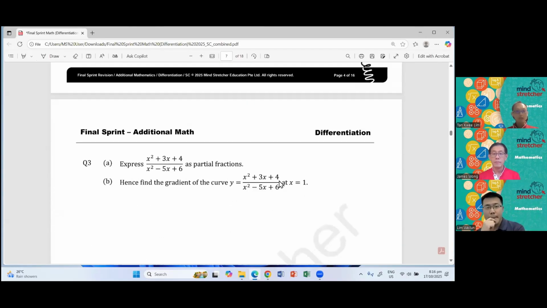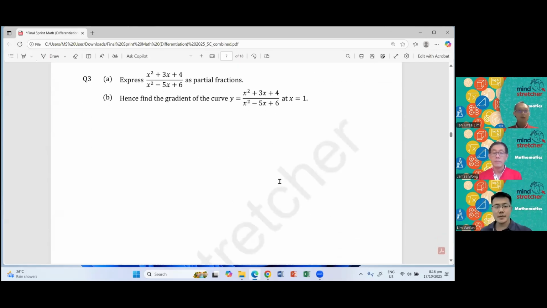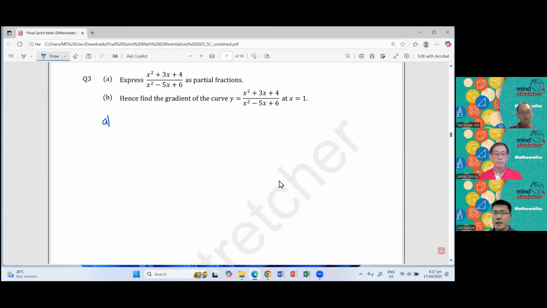Question 3. Question 3 is a partial fractions question, and you are to express this fraction as a partial fraction. We can use a long division method, and it is rather straightforward, where we see that this is just plus 3x plus 4. So for part A, we can say that it's using long division.